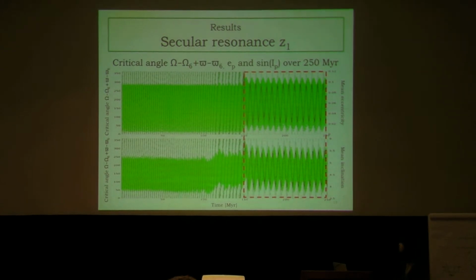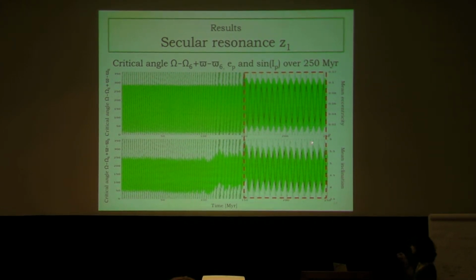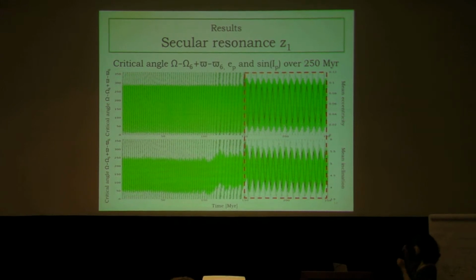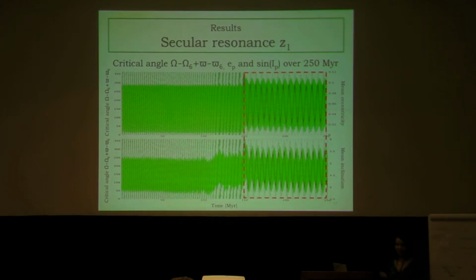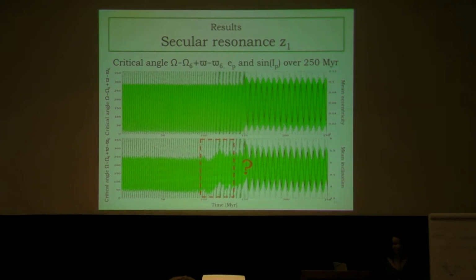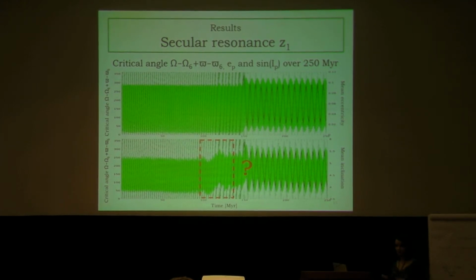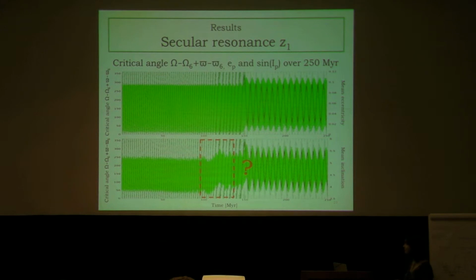And if we overplot the mean eccentricity and inclination over time of this asteroid, the jump in inclination cannot be explained by z1, as the critical angle is perfectly circulating in this period.